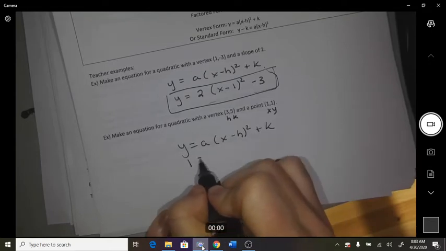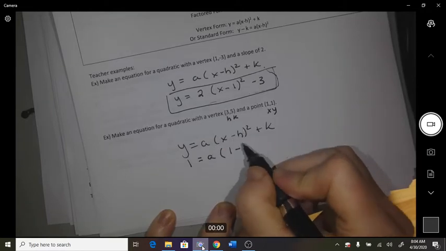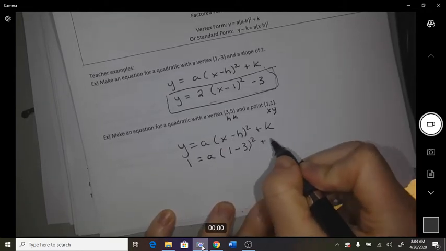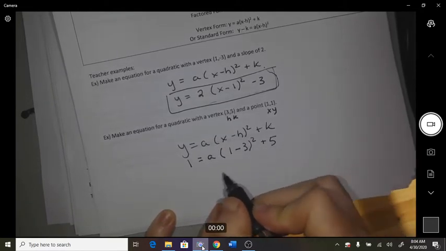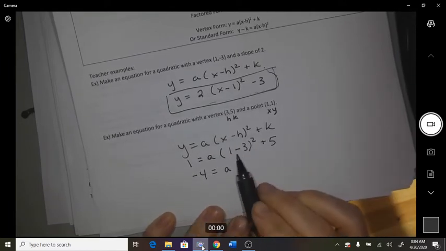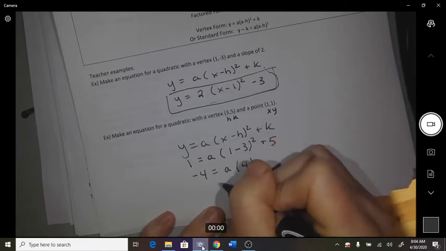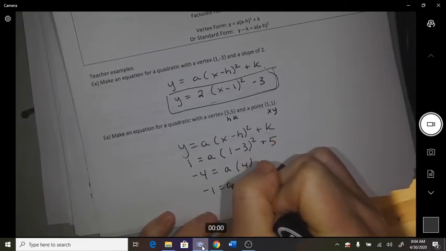So y gets replaced with a 1, x minus h plus 5. So I'm going to move the 5 over, so that's -4. And this would be -2 squared, which is 4, so the slope is -1.